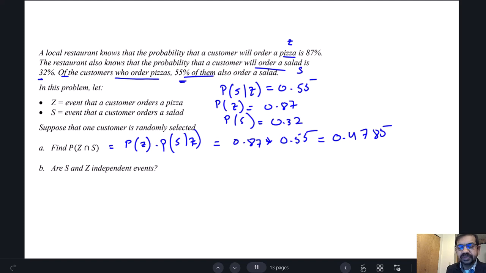So S and Z would be independent if the probability of a person buying salad would only depend on that and not depend on what the person did before they bought the salad. So here, that is not the case. So these events are not independent, they're dependent events.